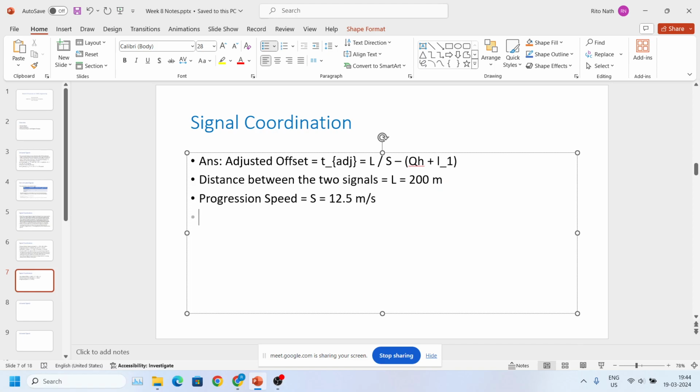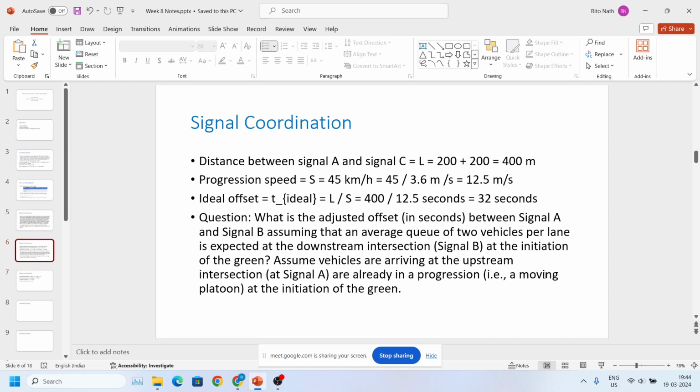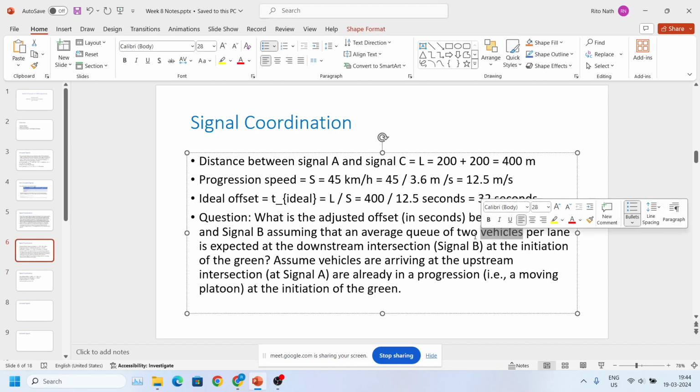Next, you have this Q, which is the queued vehicles per lane. This is Q, and this is given as 2 in the previous problem. So 2 vehicles per lane.